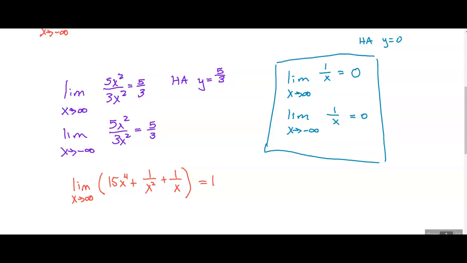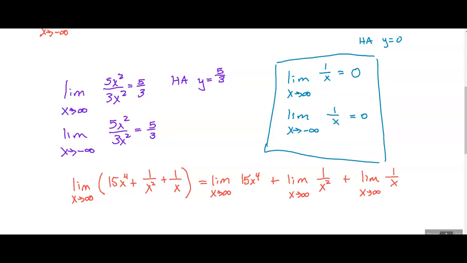So this is the limit as x goes to infinity of 15x to the fourth, plus the limit as x goes to infinity of 1 over x squared, plus the limit as x goes to infinity of 1 over x.